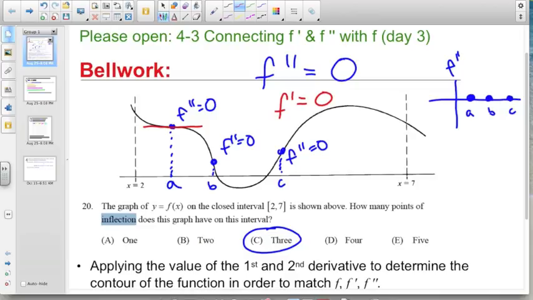At point A, because we have a what? A plateau. And where else? Between B and C, because we have a what? A valley. So there's the first derivative equal to 0. And then here's our hill. First derivative equal to 0.